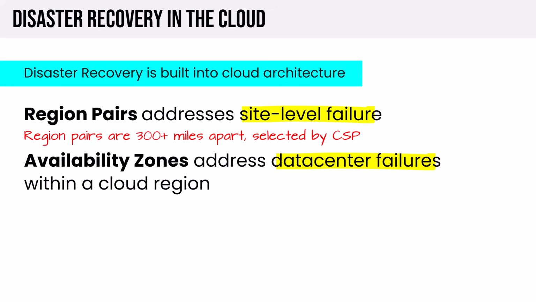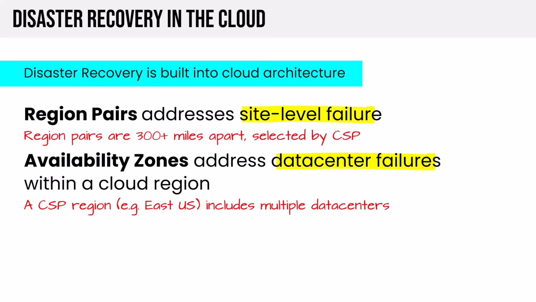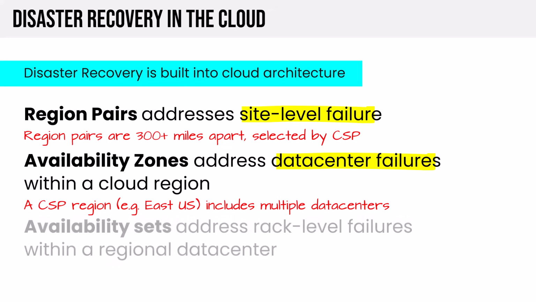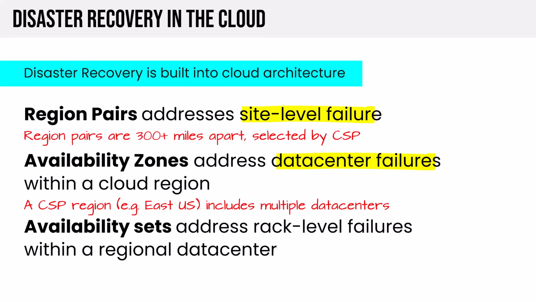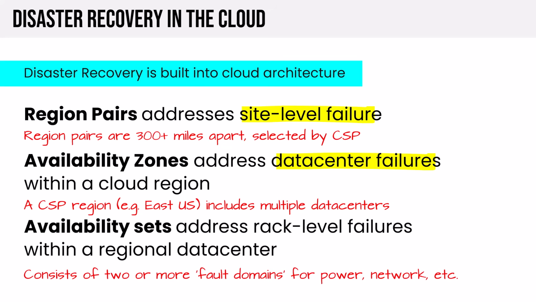So remember, within a region like East US or West US, you have multiple data centers in fairly close proximity. A CSP region like East US would include multiple data centers, not just a single regional data center. And availability sets address rack-level failures within the data center itself. So this consists of two or more fault domains for power or network, etc.